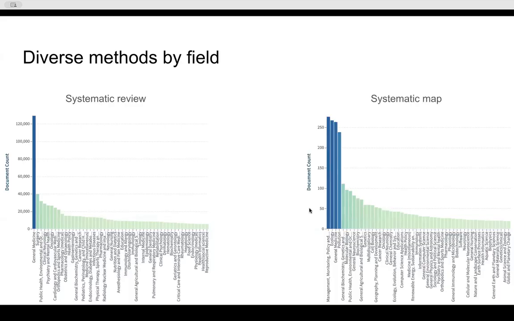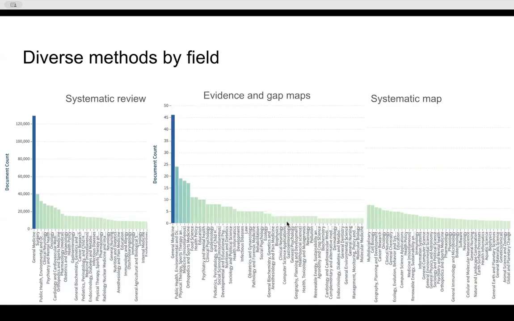If you look at systematic maps, they're more of a recent methodology that developed in the field of social science and ecology and environmental science in particular, but there's far fewer of them. And then evidence and gap maps, which is a very specific type of evidence map, are even less common and really distributed across quite a few fields. But again, healthcare dominating there, which is quite interesting because this did, as a methodology, develop in social science.